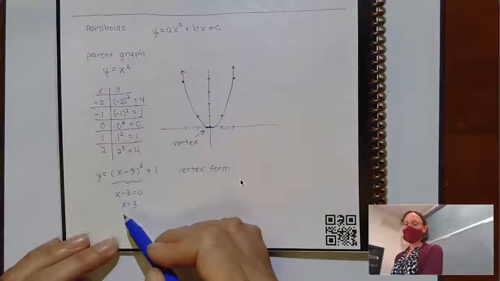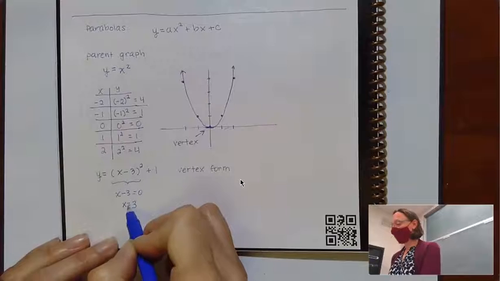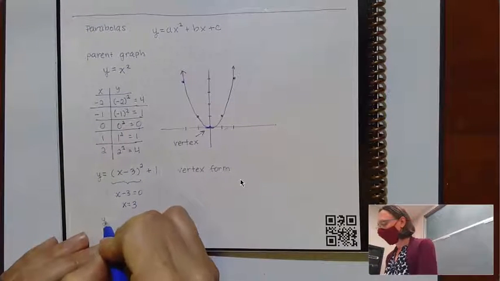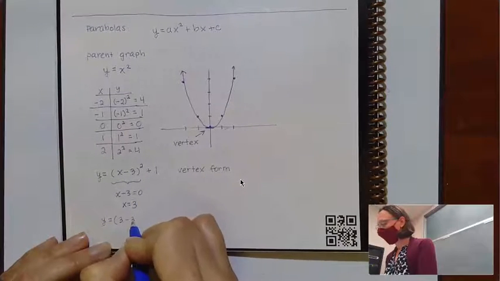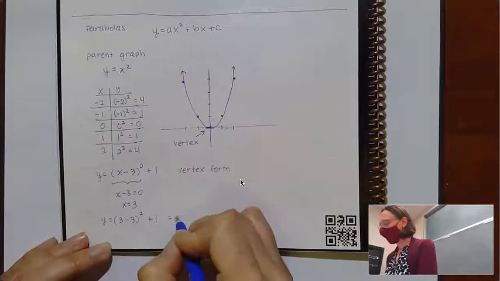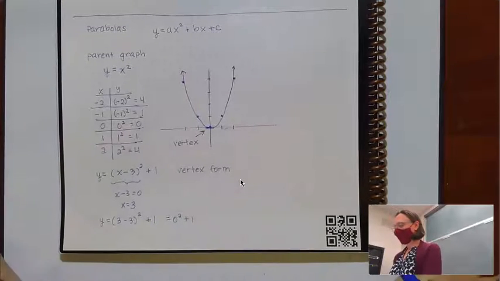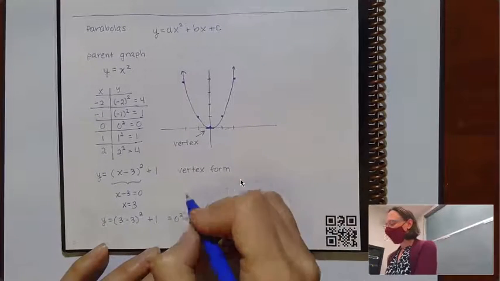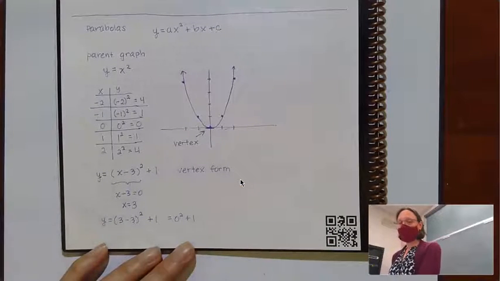To get the y value of the vertex, I would then plug the 3 back into the equation and end up with y is equal to (3 minus 3) squared plus 1, or 0 squared plus 1. So when we're in this vertex form, we think about where did the vertex move to? The vertex has moved 3 to the right and up 1.